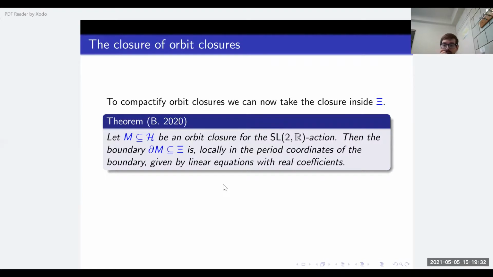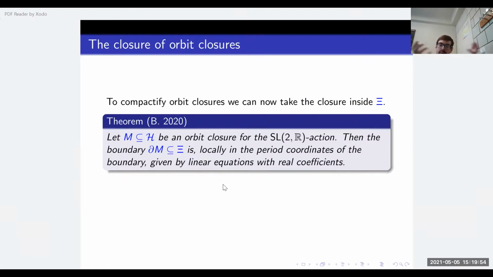This is one of my results: you take an orbital closure for the SL2R direction that lives in the stratum, and then we look at the boundary of this orbital closure inside this compactification psi that I just described. This boundary is again given by linear equations.